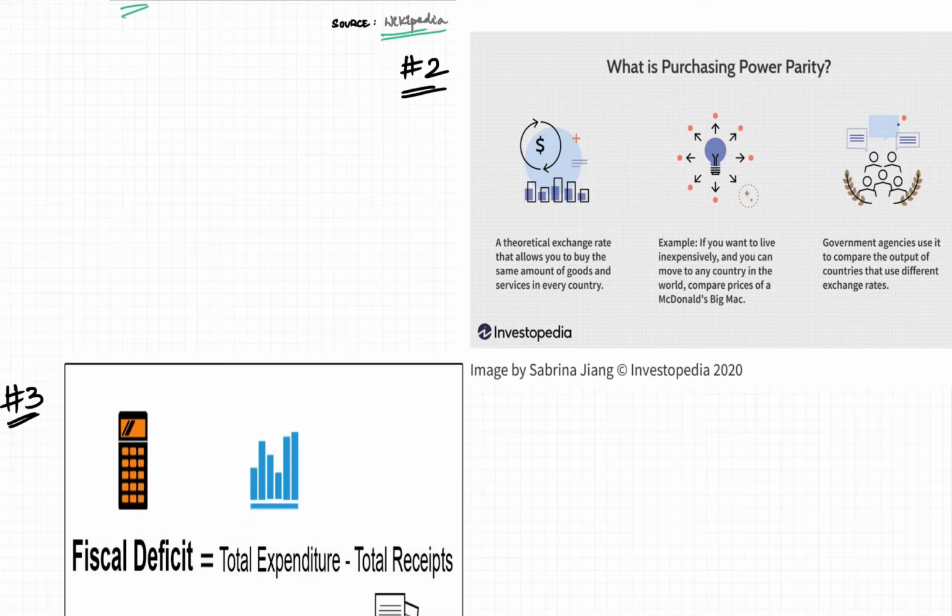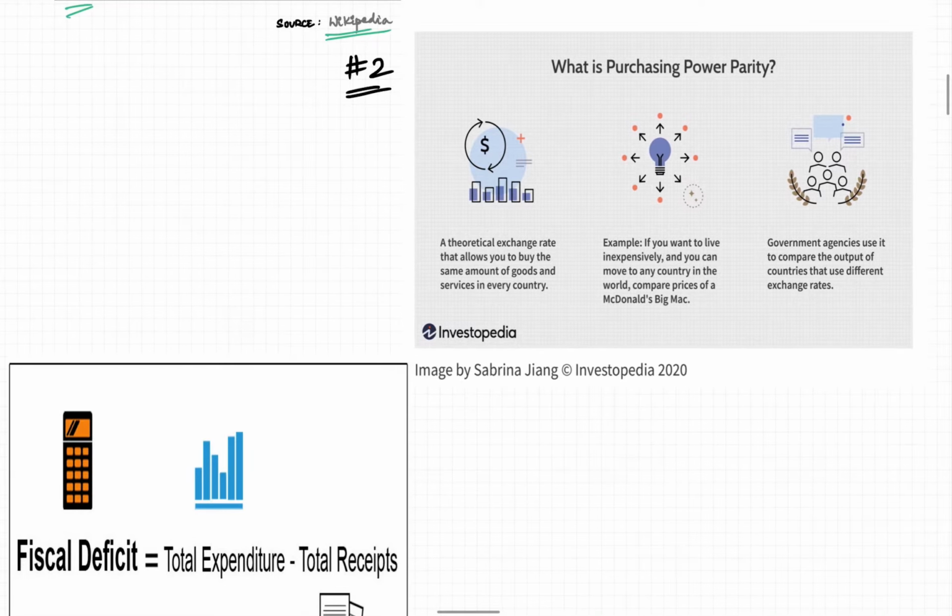So today we are predominantly talking about the factors or words that contribute towards understanding the economy. One important word that we come across most often is purchasing power parity. Now what is it? It's a theoretical exchange rate that allows you to buy the same amount of goods and services in every country.